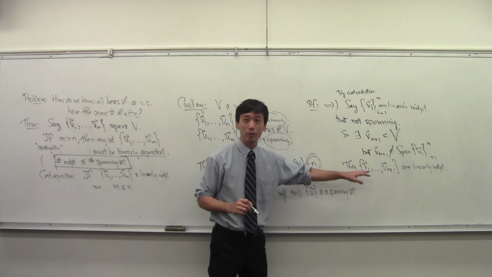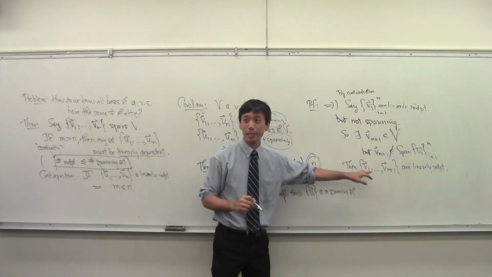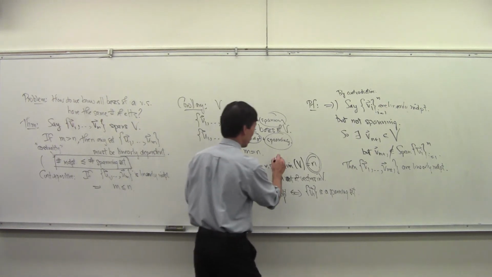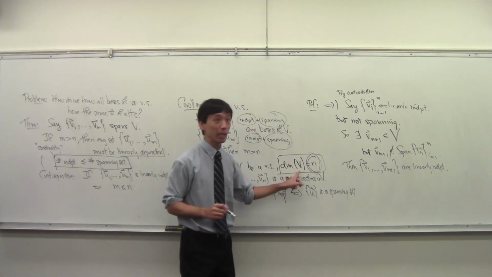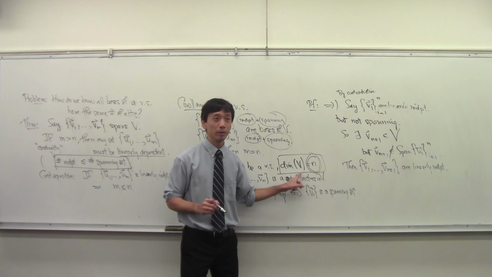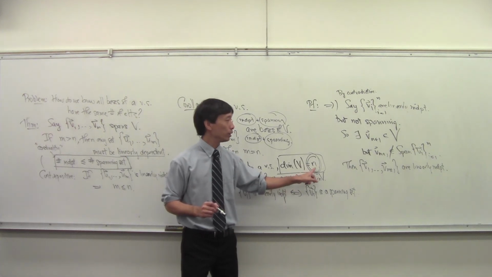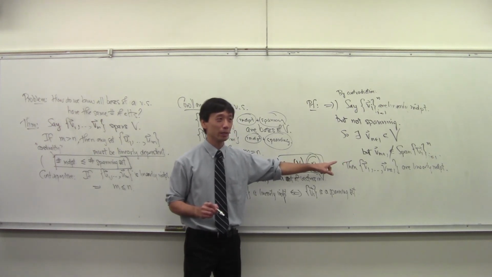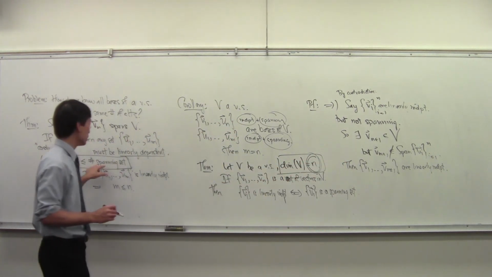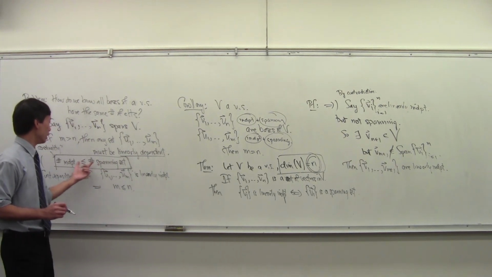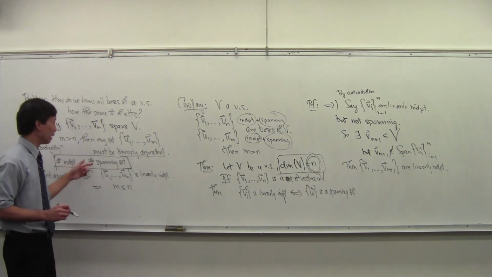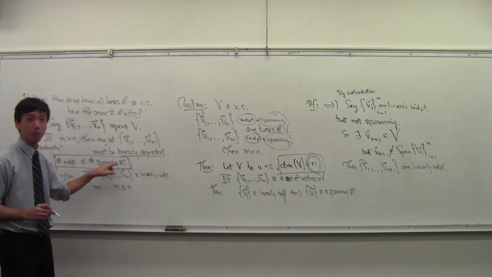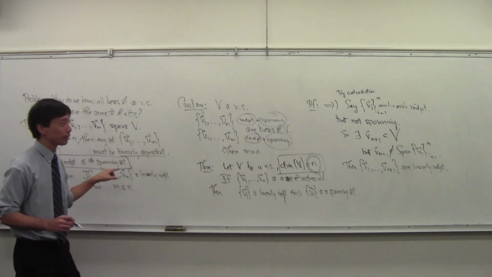You've got n plus 1 vectors that are linearly independent. That's a problem because you know that the dimension of your space is n, so there's a spanning set of size n, but you have a linearly independent set of size n plus 1. That's impossible, because the independent set should be smaller than the spanning set.